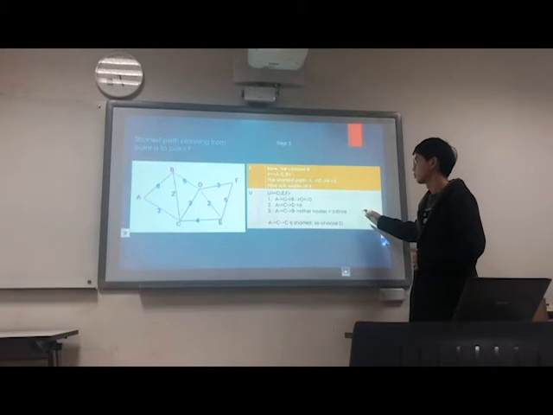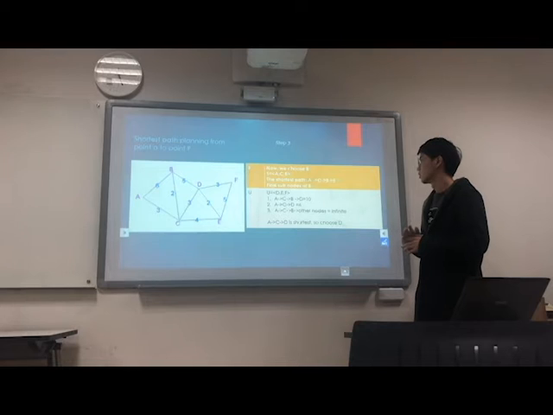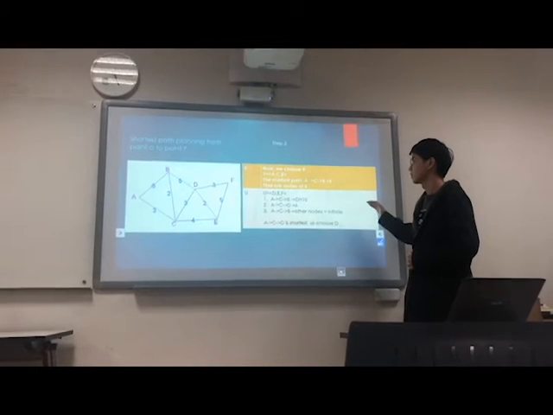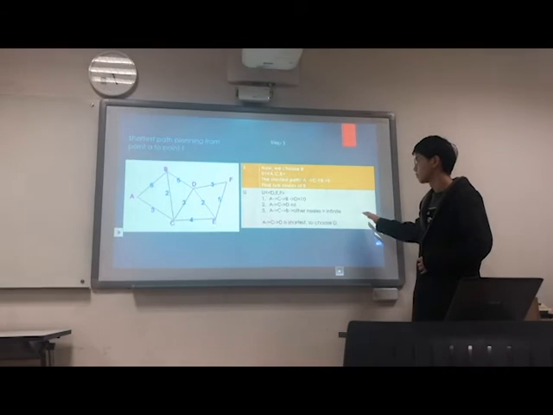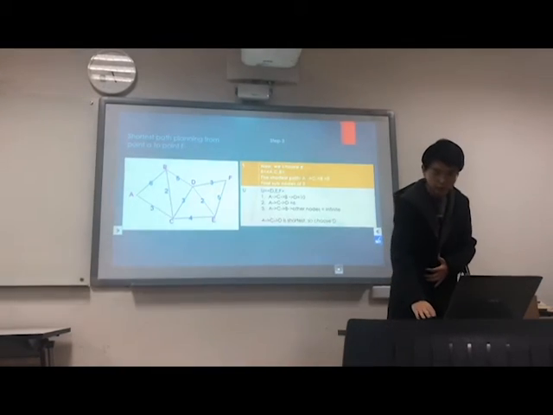So this time we decide not to pass B and arrive at D directly. So this time we choose D as the main node.